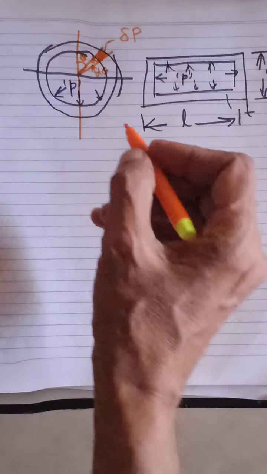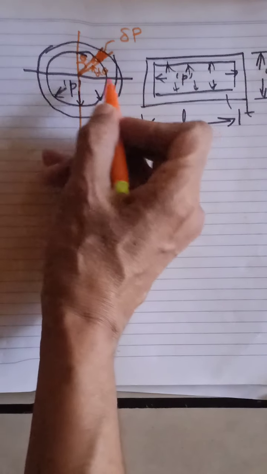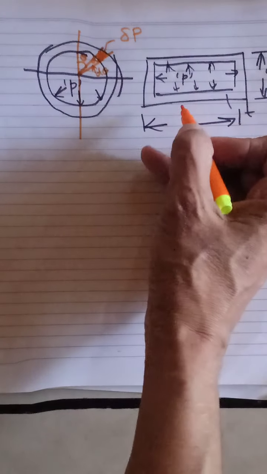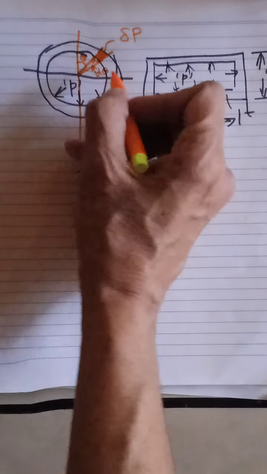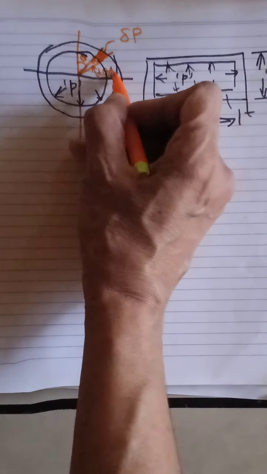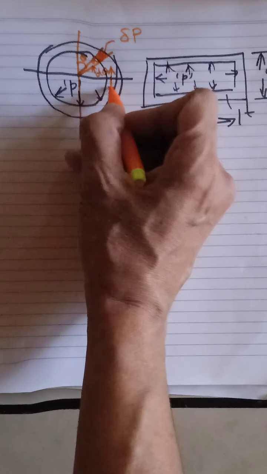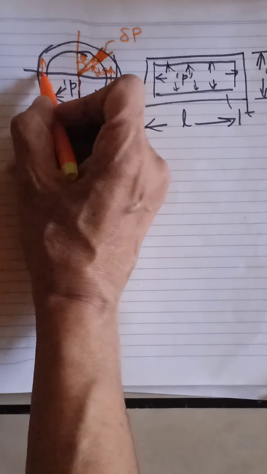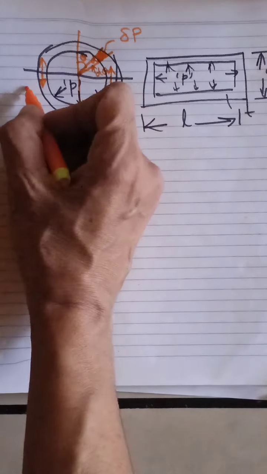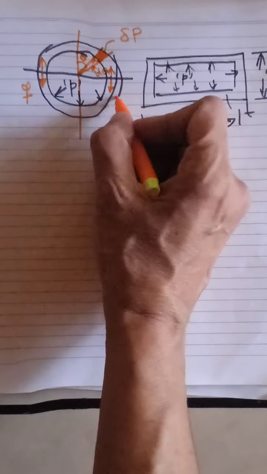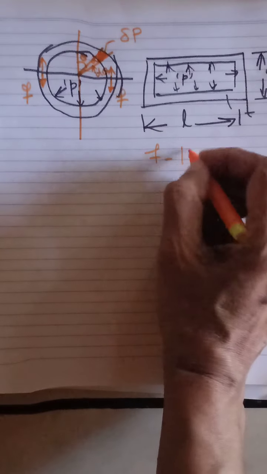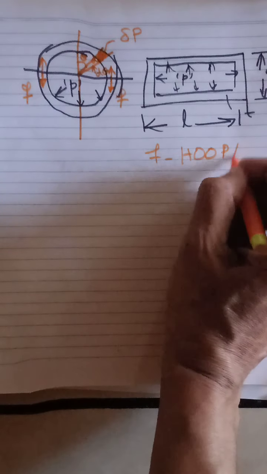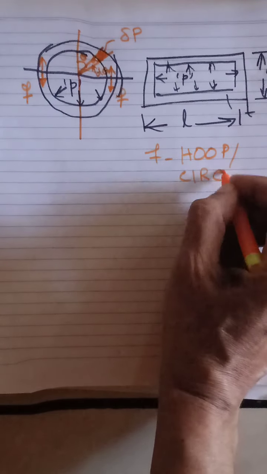We have seen that this cylinder, due to the internal pressure, can fail by bursting. It can burst along this diameter. You call the stress acting here F. This stress F is known as hoop stress or circumferential stress.